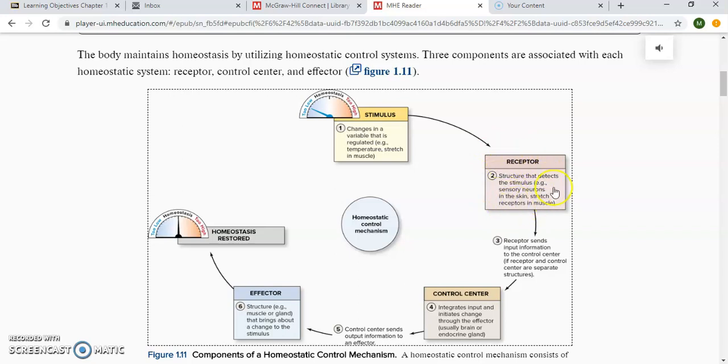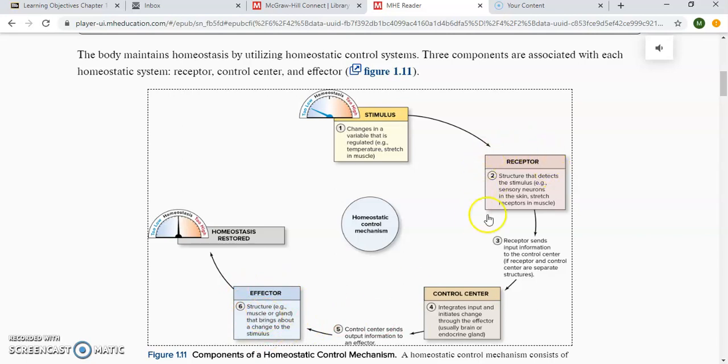So we'll have receptors in our body that detect when our body temperature gets too low or too high. And then we'll have a body part that controls that, knows what it should be, and can make a decision if it gets too high or low. But it usually can't get the body temperature back in the normal range. It has to tell another part of the body, which is called an effector, to do that.